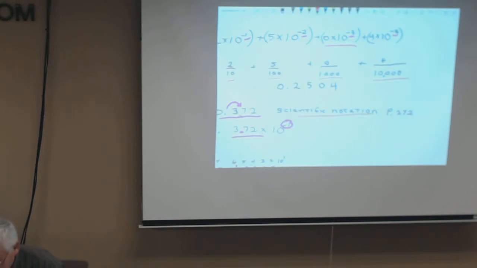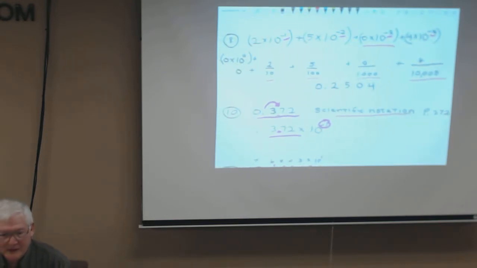And here's what scientific notation means. It means I write every number as a number between 1 and 10 times 10 with an exponent. That's called scientific notation. So here's 0.372. Well, if I'm going to make that a number between 1 and 10, I'm going to have to put 3.72.